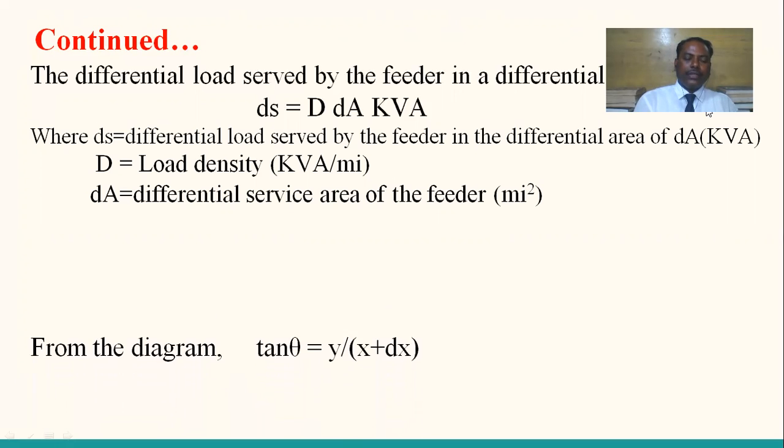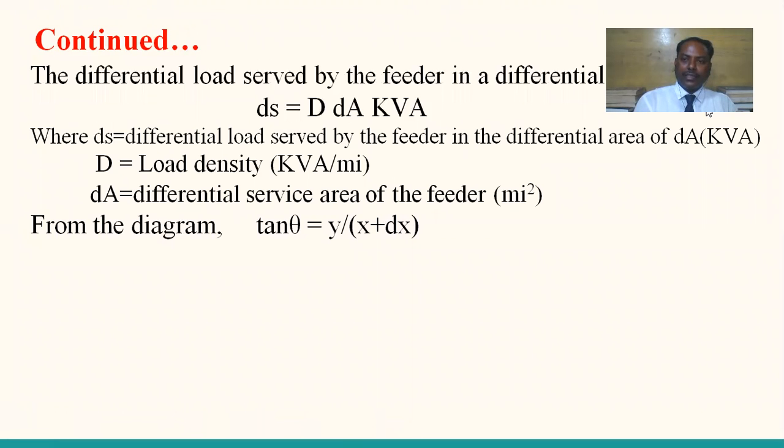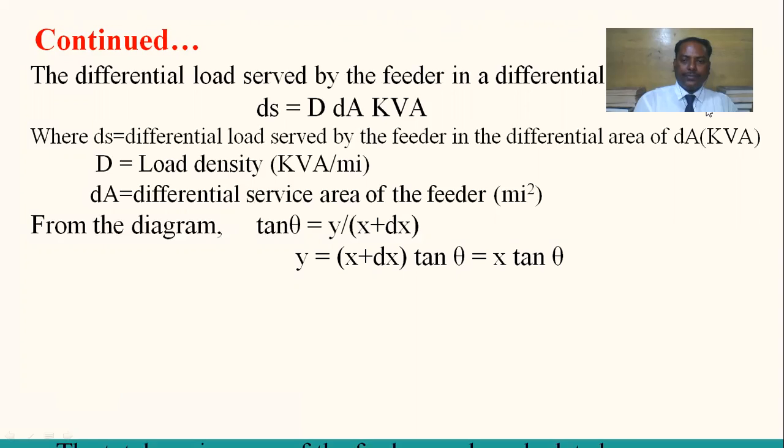From the diagram, tan theta is equal to the opposite side y divided by x plus dx. This can also be written as y equal to x plus dx times tan theta. The value of dx is almost negligible, so this can also be written as x into tan theta.